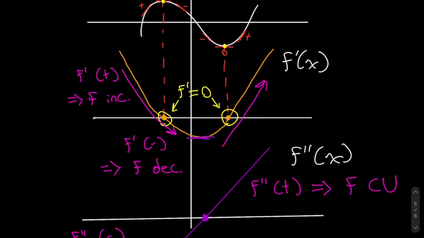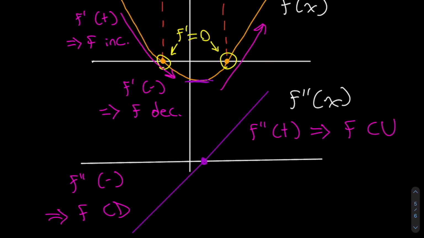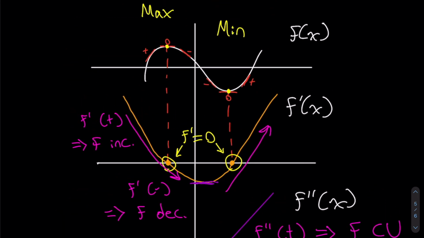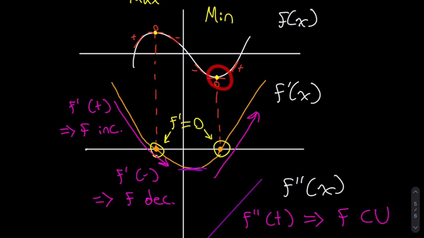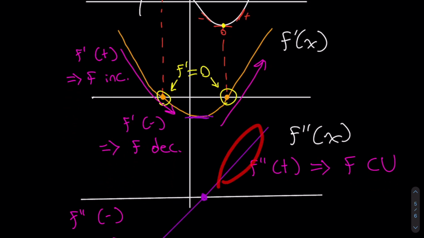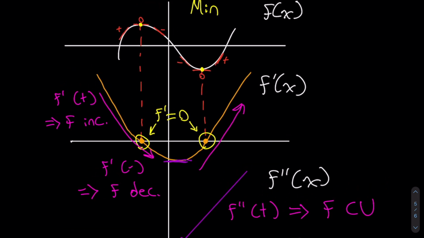So if I have a critical point where f prime is 0 and f double prime is negative, I know that this is a critical point when I have a function that's concave down, which means that critical point is a maximum. If I have another critical point where f prime is 0 and f double prime is positive, then that means I have a critical point which occurs when this is concave up, which means that critical point has to be a minimum.